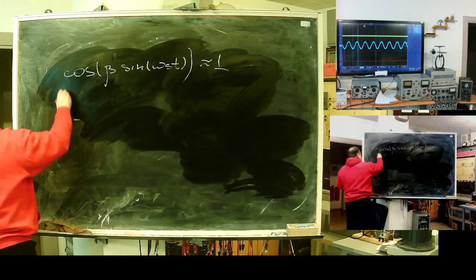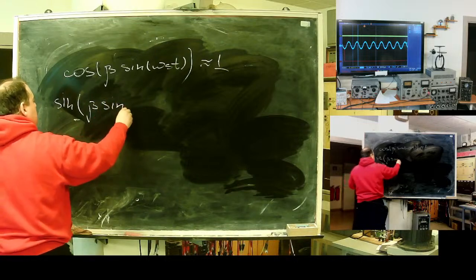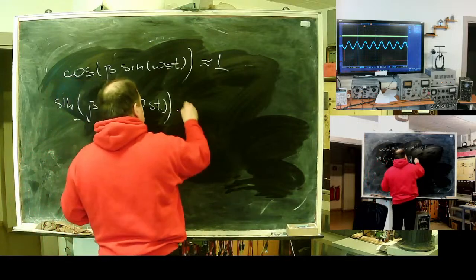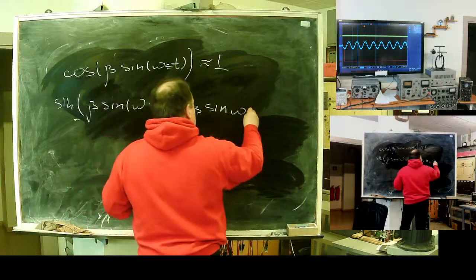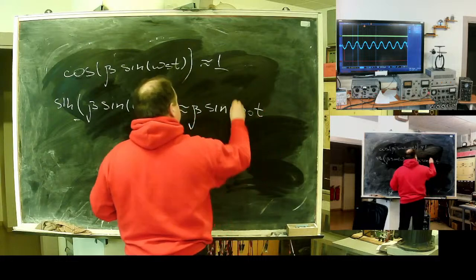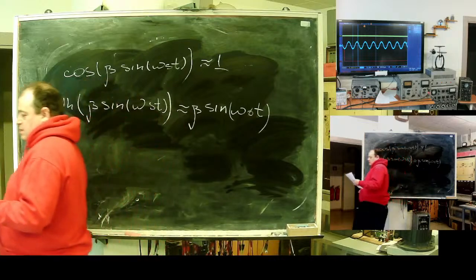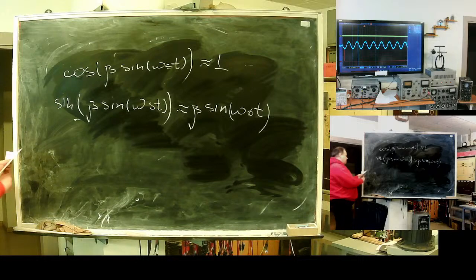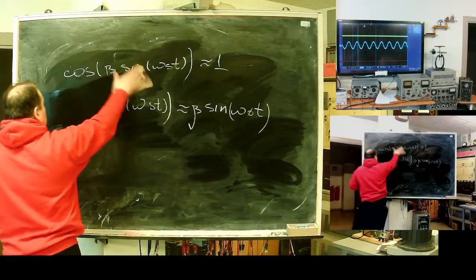And sine of beta sine omega s can be approximately substituted with beta sine omega 0. It's a very approximate substitution, but for the first step it's okay.